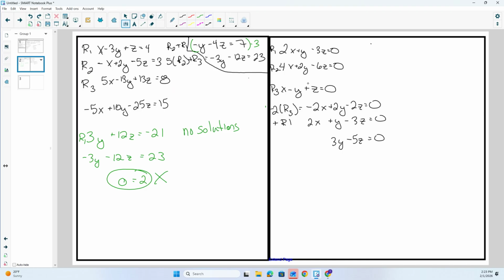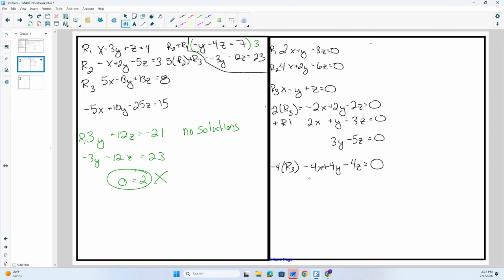Okay, now I'm going to take the same R3 and I'm going to multiply that by negative 4 instead. It's going to give me negative 4x minus 8y. Let's make sure there's a minus, not minus 8y, plus 4y minus 4z is equal to 0.